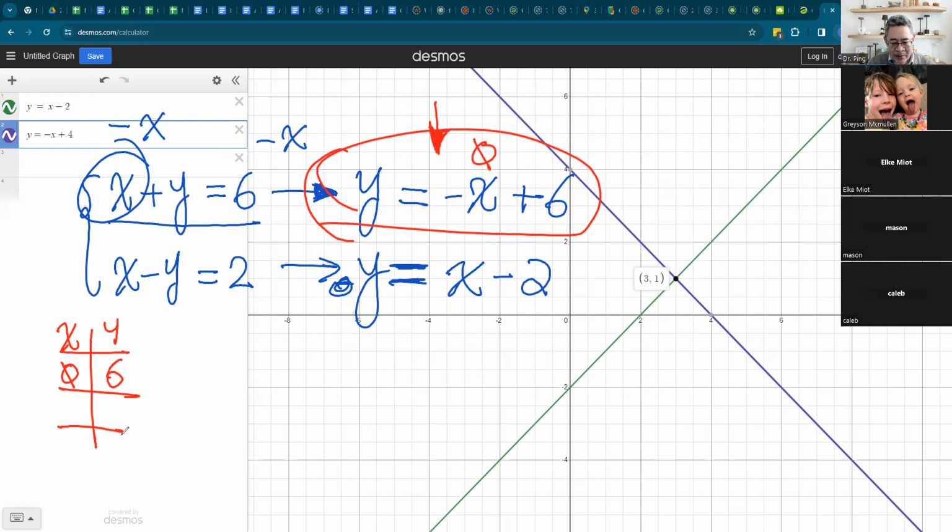All right. So now we're looking at what happens if x is 2. What will be our y? Good job, Grayson. Good job, Mason.